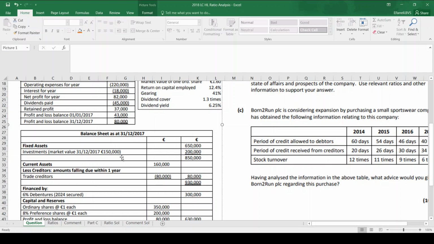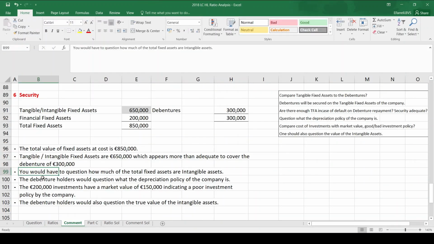The investments cost 200,000. The market value is 150, so they've gone down by 50 grand. They paid 200,000 for them and they're only worth 150 at the moment. So we need to comment on that. The 200,000 investments have a market value of 150, indicating a poor investment policy by the company. The debenture holders would also question the true value of intangible assets, and that's what I was saying earlier on.